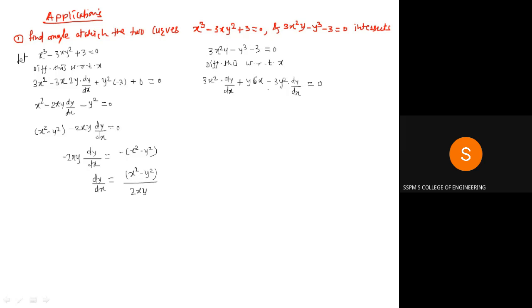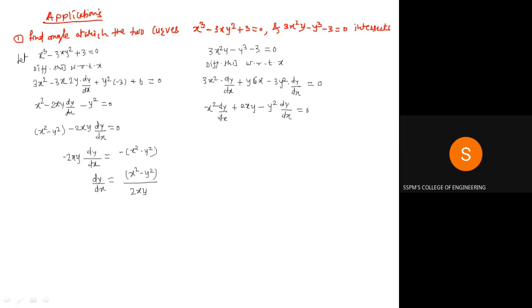Okay. Now here in this case, 3 is common to all, take it outside and shift it to RHS, that is 0 by 3 is 0, or divide this expression by 3. So when you divide this expression by 3, there will remain x square into dy by dx plus 3 into 2, that is 2xy, minus y square dy by dx, that is equals to 0.